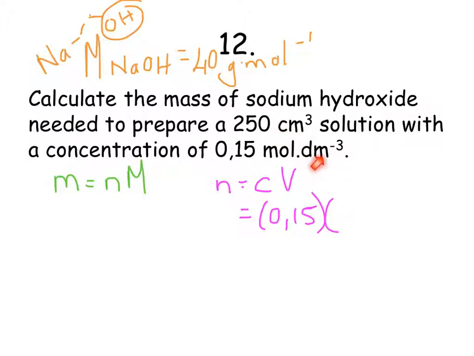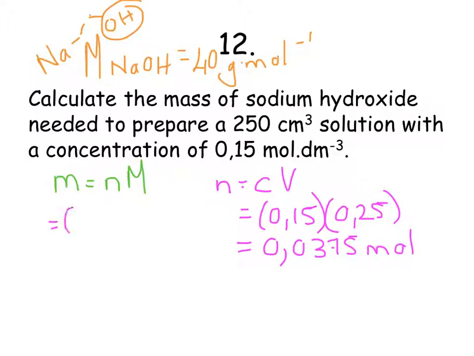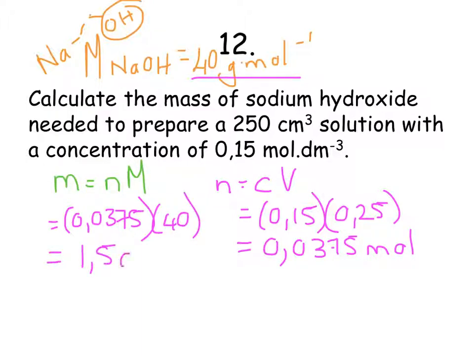How am I going to do that? I'm going to divide by 1,000. So it becomes 0,25. Multiply those two numbers together and you get 0,0375 moles. Now I have a number of moles, so I can substitute in 0,0375, and I've got a molar mass. I can substitute in 40, and I land up with a mass of 1,5 grams of sodium hydroxide.